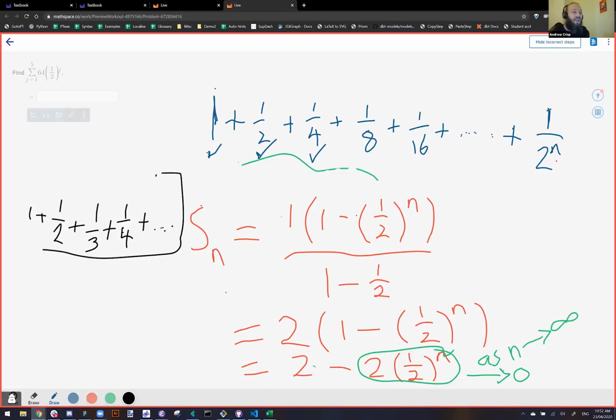Now this one is not like the other. It's not a geometric series, because there's no number that multiplies from 1 to a half that's the same as going from a half to a third and a third to a quarter. There's no common ratio. So this is not geometric.